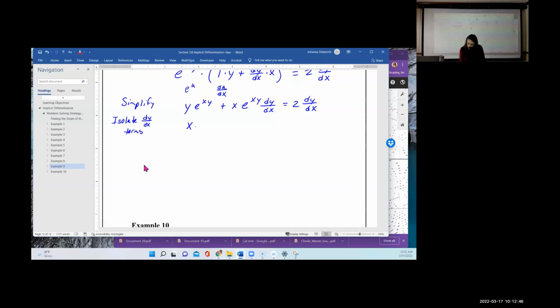Which gives me x e to the xy dy dx minus 2 dy dx equal to negative y e to the xy. Then we want to isolate dy dx by factoring it out.